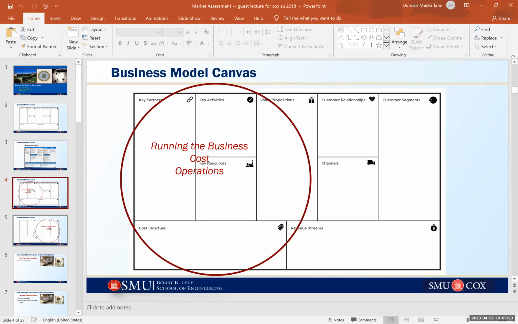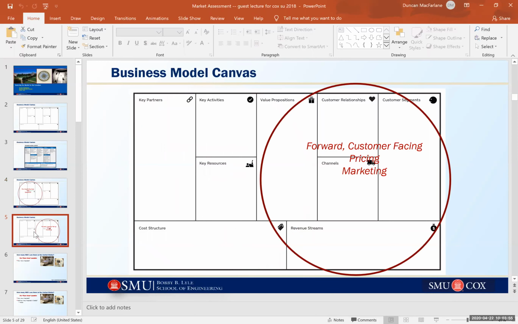The other side of this business model canvas is all the customer facing stuff. This is where the revenues come from, the money that people pay you to get your product. Who is your customer? How do you relate to your customer? Is it online?